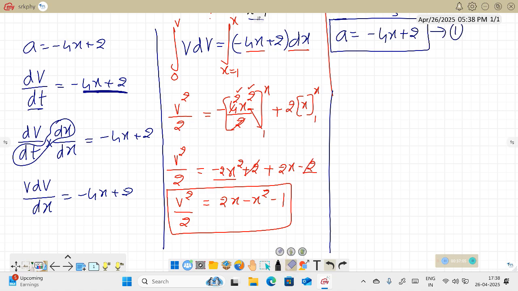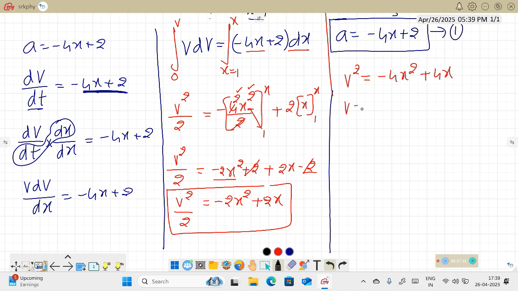So this equation we can write as minus 2x square plus 2x. Now cross multiply the 2 here. If you cross multiply the 2, v square is equal to nothing but minus 4x square plus 4x.